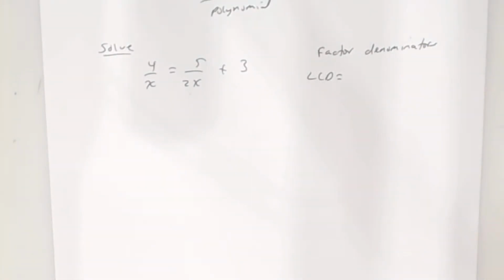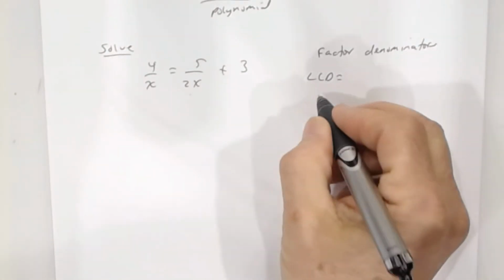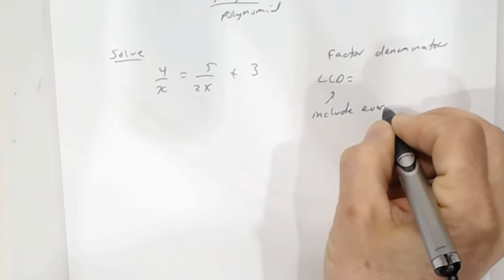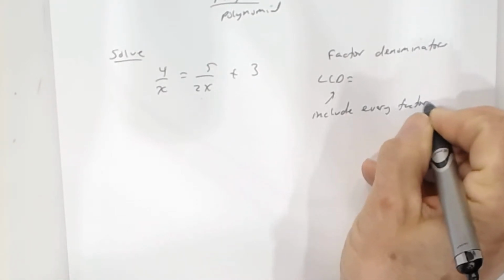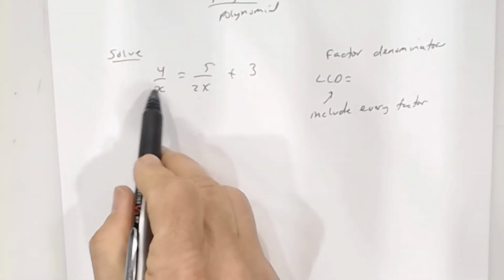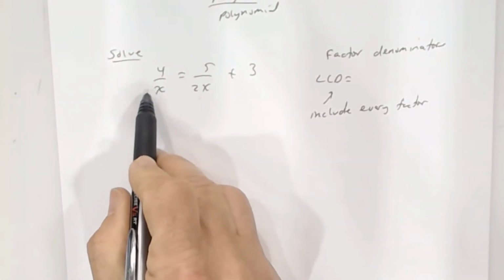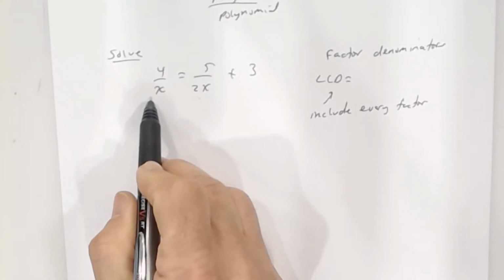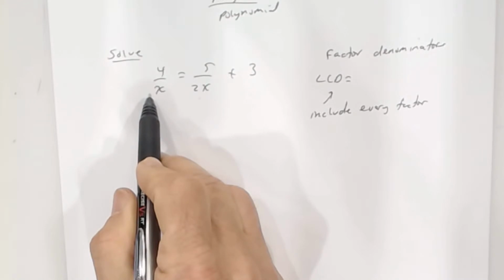The LCD must include every factor you see. So if you look at that first monomial, that's 1 times x, or just x. So since that's an x, it must be part of the LCD.